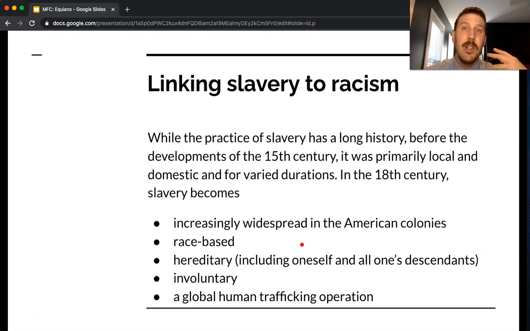Another aspect of this newer form of slavery was that it was hereditary. It wasn't just limited to a single person who, once they died or once they reached the end of their term, it was done. No, this form of slavery was transmitted from one person to their children and to their children and to their children in perpetuity.